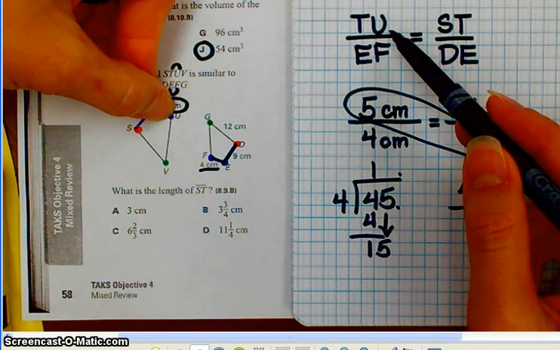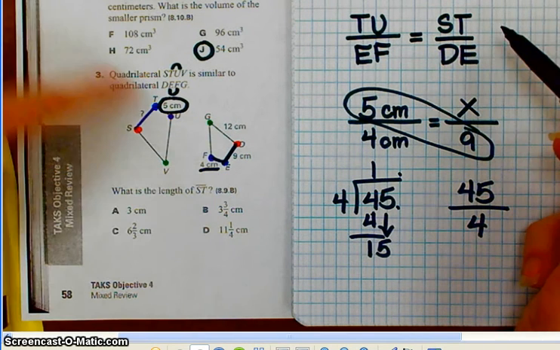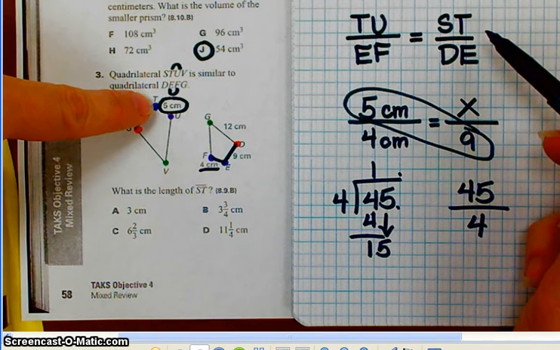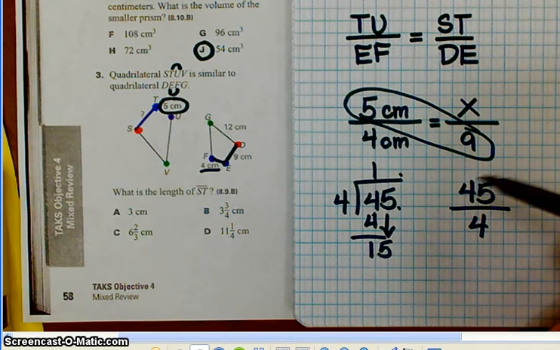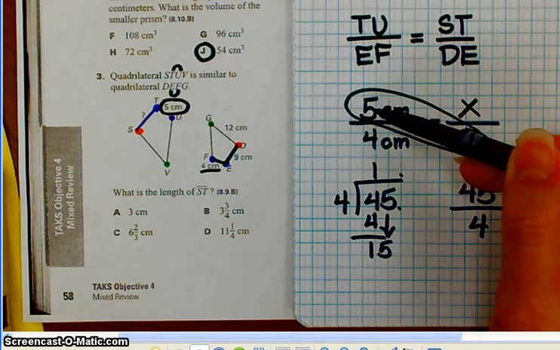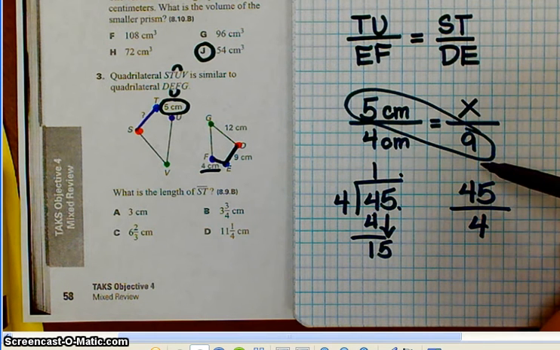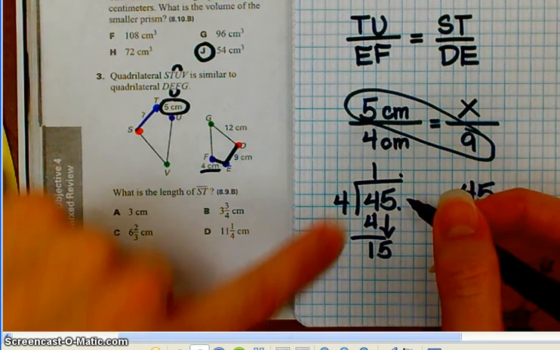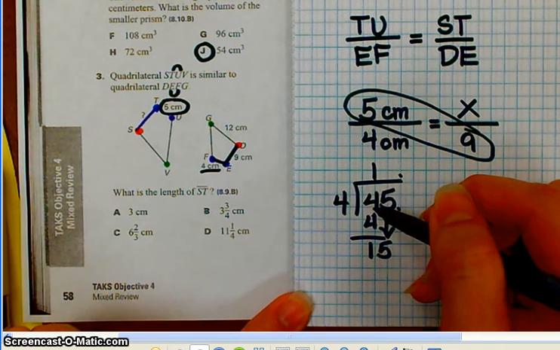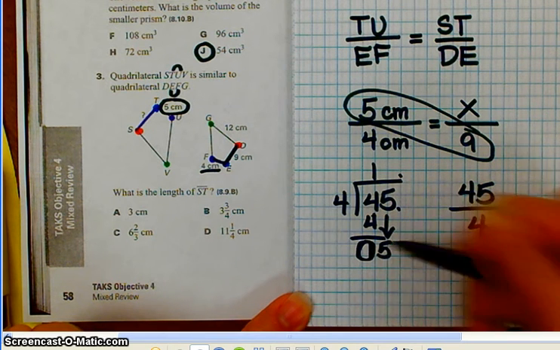TU is 5, and that corresponds to EF, which is 4. ST and DE. 9 times 5 is 45. 45 divided by 4. Okay, I messed up here. Oh, okay. Look at me. Okay, 1 times 4 is 4. 4 minus 4 is 0. No wonder I can't do my math.